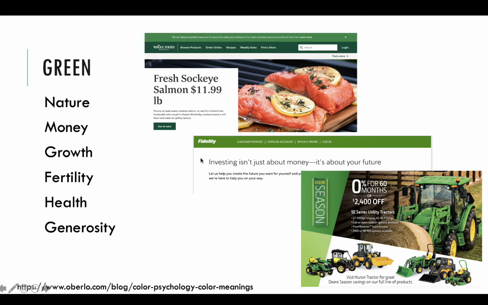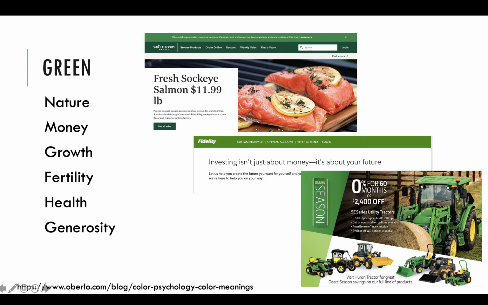Now here I chose Fidelity. Now Fidelity is interesting. You will see greens used in a lot of financial service companies, and that is related to money or wealth, or again, sort of that health of your product, or the health of your money, the health of your lifestyle, etc.